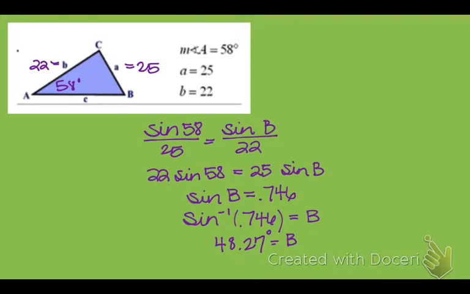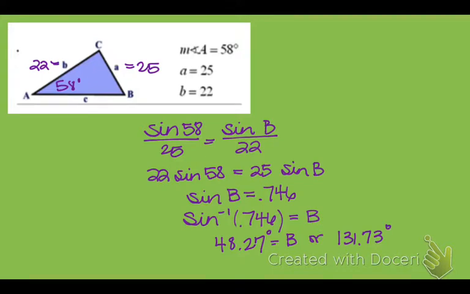And then we also have to find the other possible angle measure, which would be 131.73. So again, we get that by subtracting from 180.